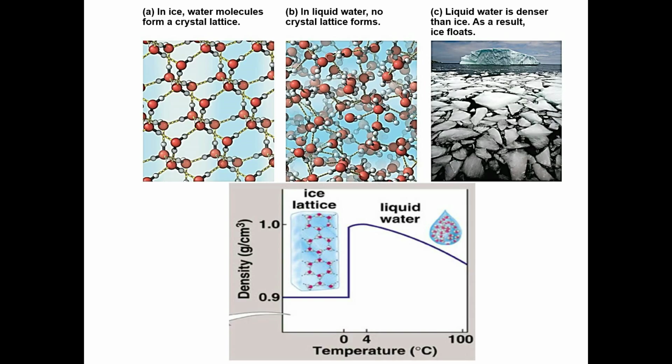Because as a solid, those water molecules are arranged in a particular order, forming this crystal lattice structure. Since they're not as compact within a given volume, they have a lower density than water molecules as a liquid, which is more dense.